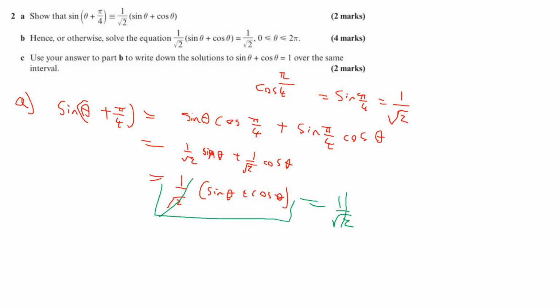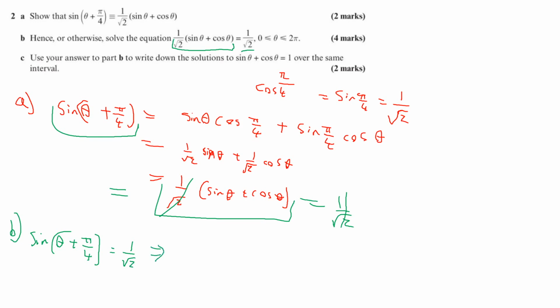Remember, this is equal to this. Okay? So what we can say is, not only is that equal to 1 over root 2, but sine of theta plus pi over 4 is equal to 1 over root 2.